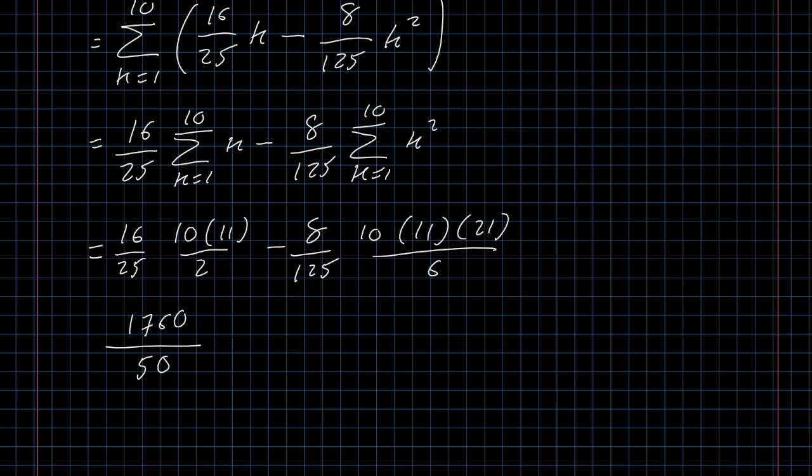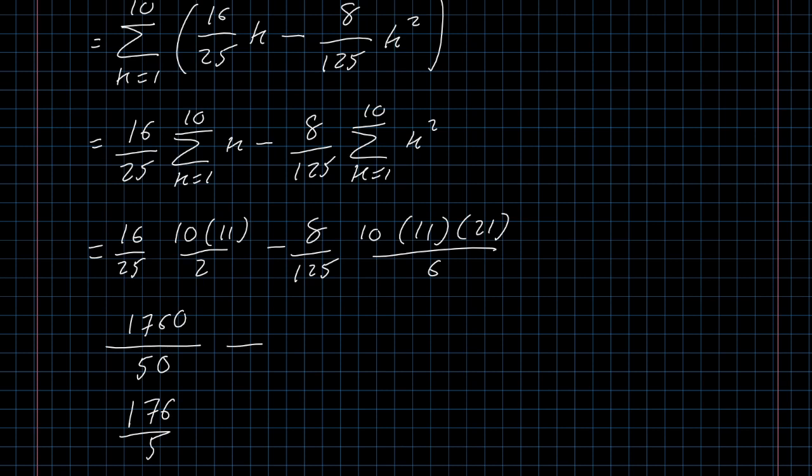And if I try to do this division, it does not work out evenly. So let's go ahead and just reduce by dividing by 10, 176 over 5.